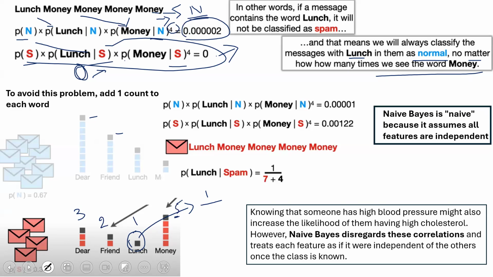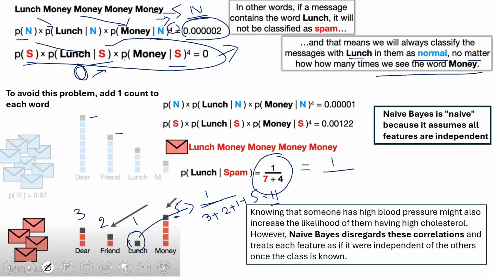So this will become 1 by 3 plus 2 plus 1 plus 5, that becomes 11. This is the probability of lunch given spam.